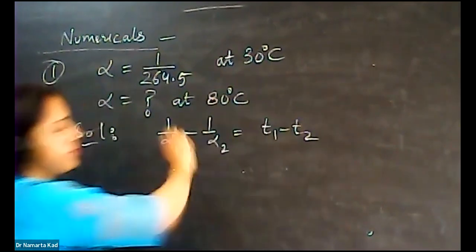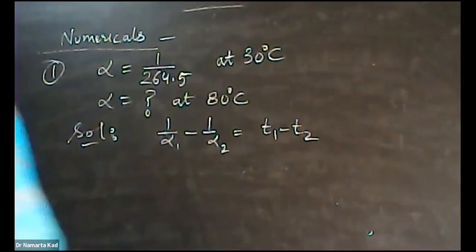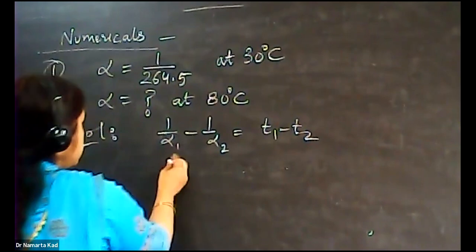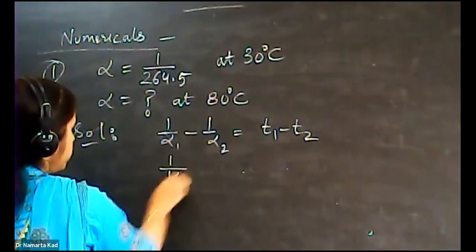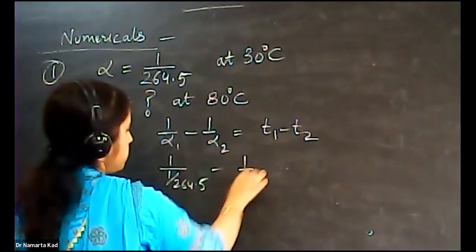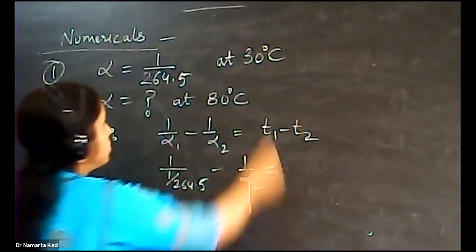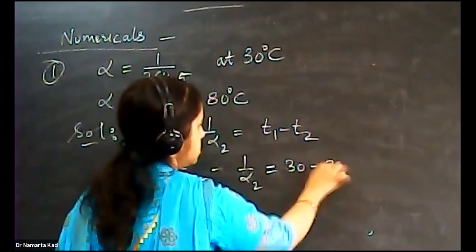It's a very simple formula and easy to remember. So for the calculations, just put down these values, and it is 1 by 264.5 minus 1 by alpha 2 equals to, if this is T1, 30 minus 80.